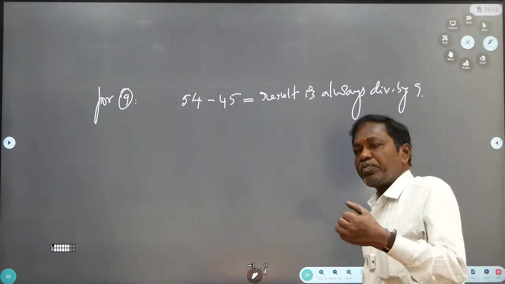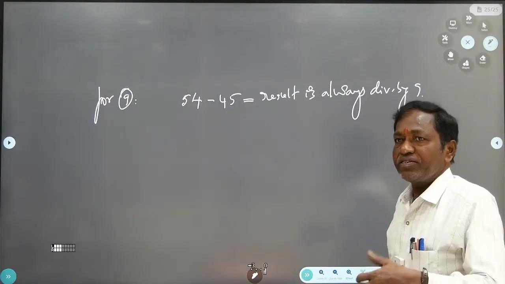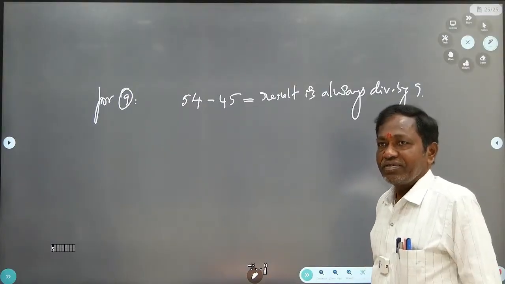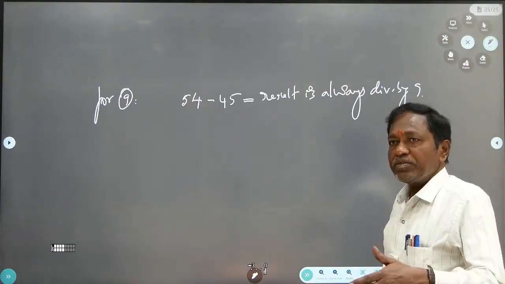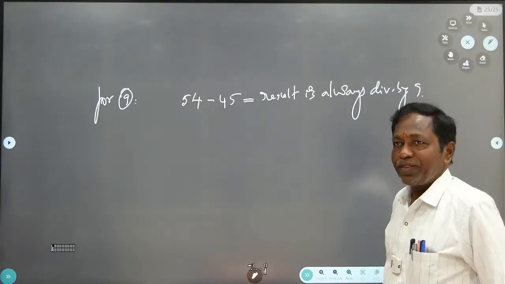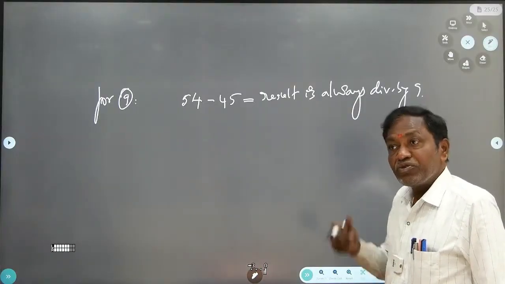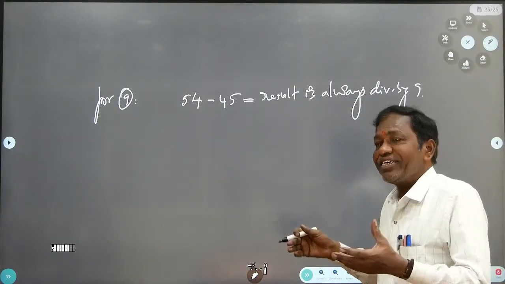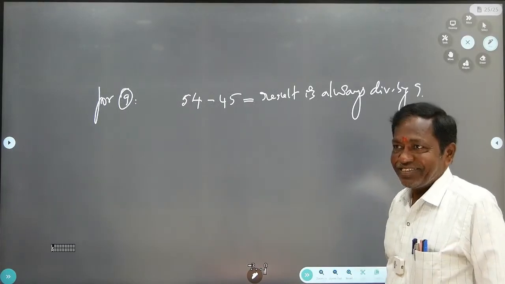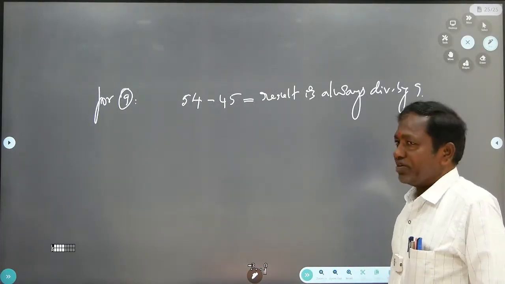This is the standard property. These are properties of 9. This is called uniqueness. This is possible only for 2-digit numbers. These are the areas where you would see the questions.